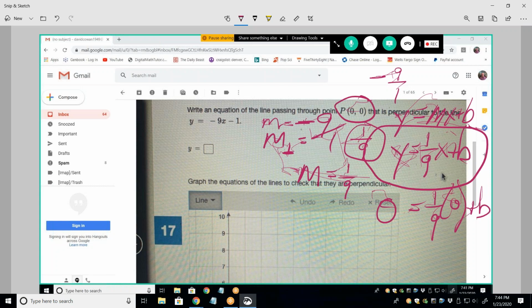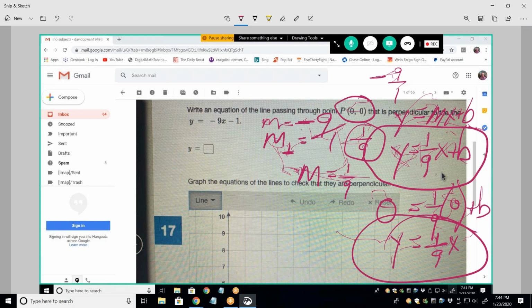b equals 0. Okay, so what's the equation of our line? y equals 1 over 9 x plus 0. Yeah, or just that. That's how you always do these. In other words, you substitute the point that they give you for y and x.